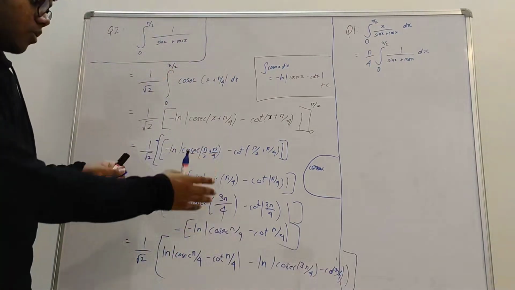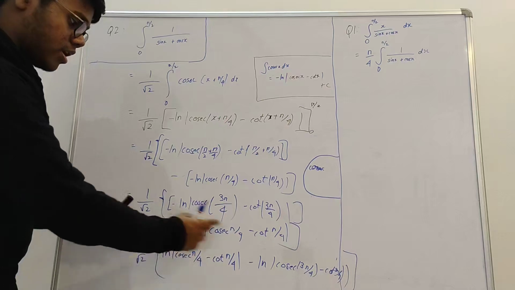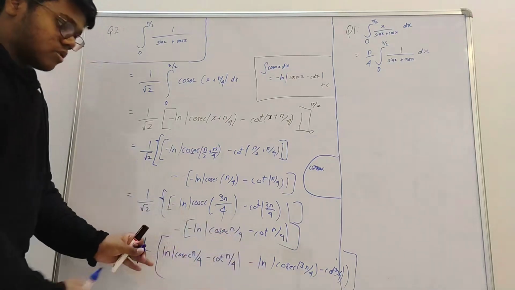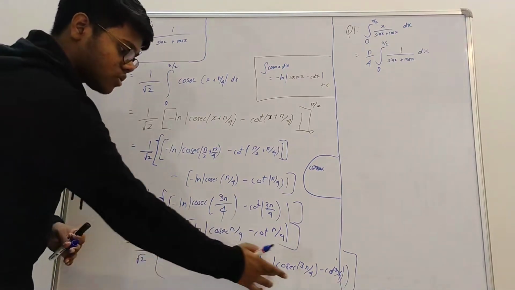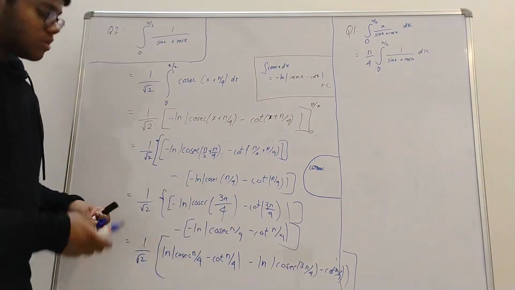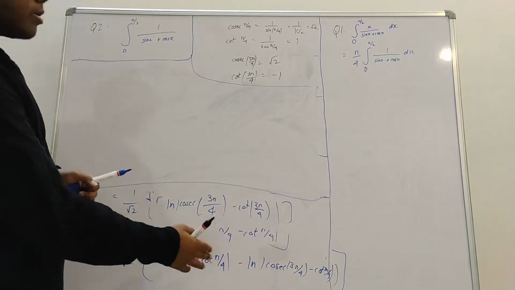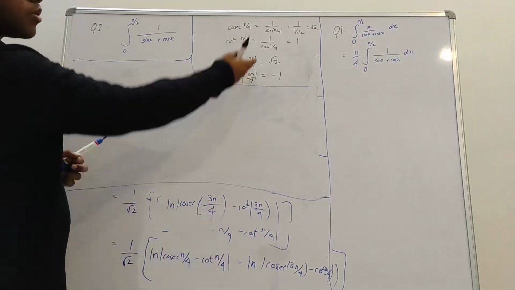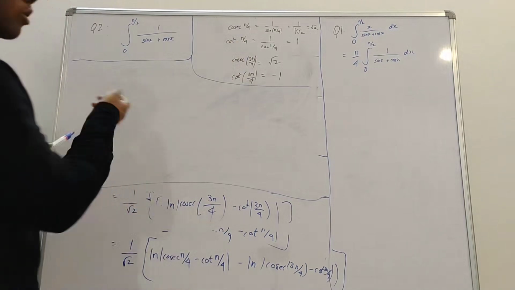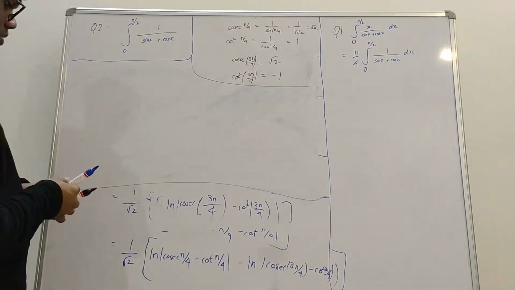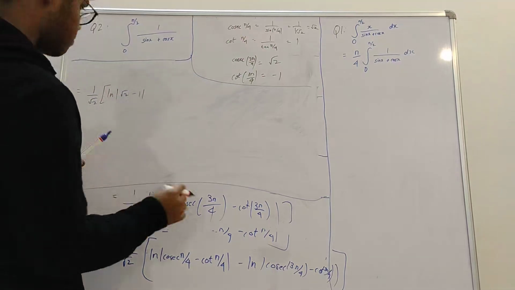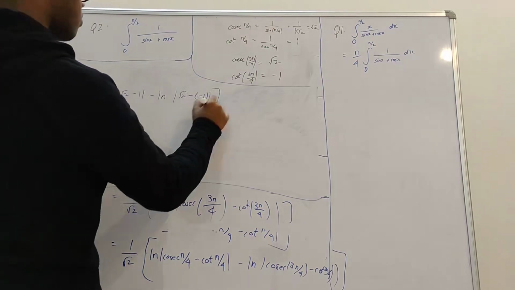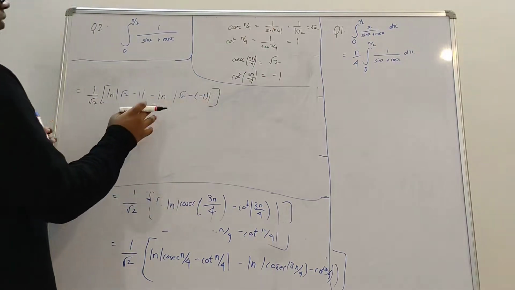I simplify the whole expression and rearrange these terms to get this expression. So now let's substitute each value to get the answer. All the trigonometric values required for this question are written here. So I'm going to substitute them. We have this.